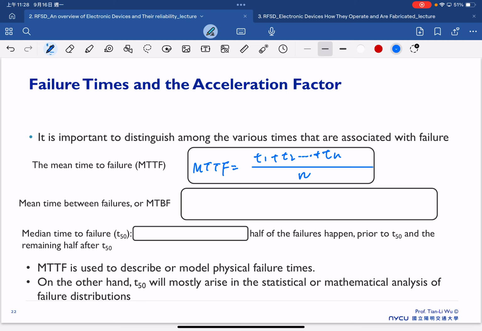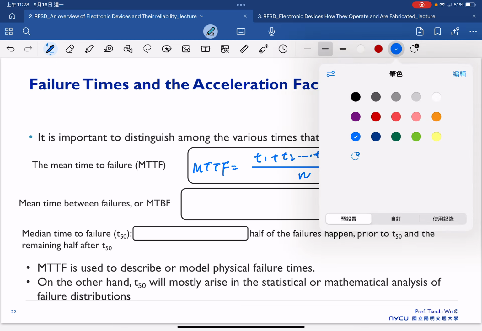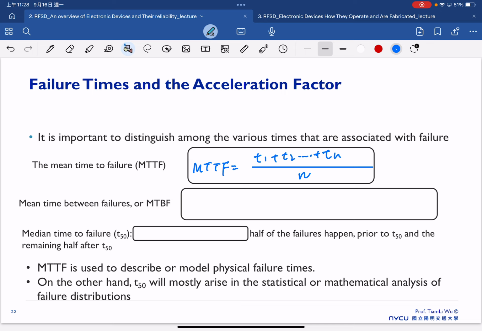The reason why we have to calculate the mean time to failure is because, if we use TDDB as an example, we already mentioned that reliability is a random process, and sometimes we call it stochastic. That means we can only estimate by considering the statistics, and not be able to estimate precisely.